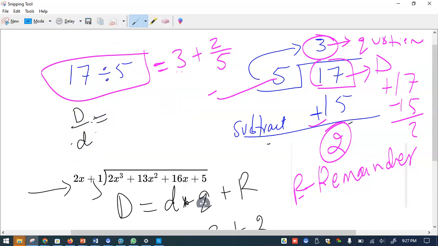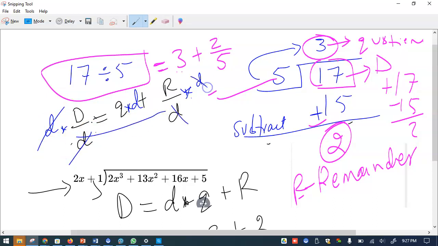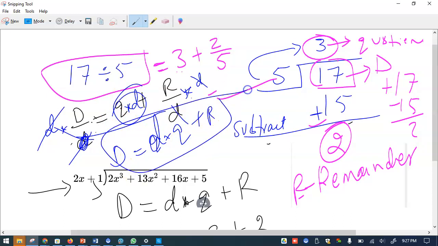Dividend divided by divisor is quotient plus remainder over divisor. I'm multiplying by d everywhere, so the d crosses over and goes away. So the dividend equals the divisor times quotient plus remainder.